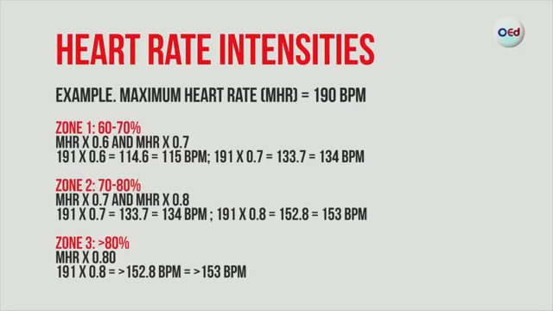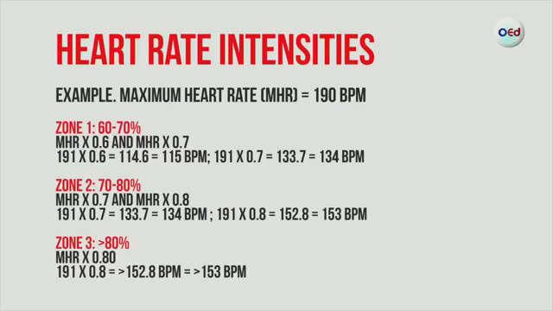The formulas will now be maximal heart rate times 0.6 and maximal heart rate times 0.7. The solutions and answers are now 191 times 0.6, and the answer is 114.6 beats per minute, rounded off as 115 beats per minute, while 191 times 0.7 yields a 133.7 beats per minute result, rounded off as 134.